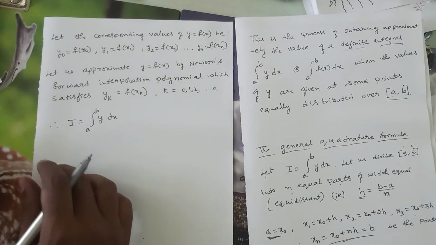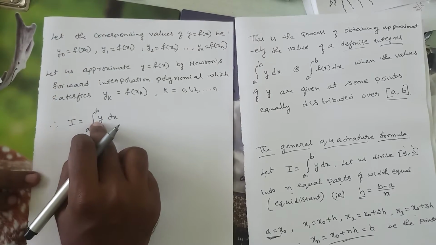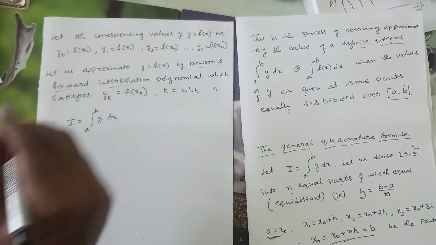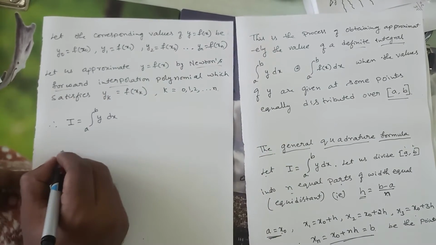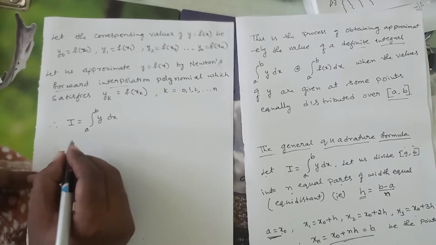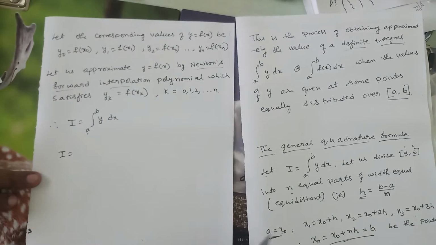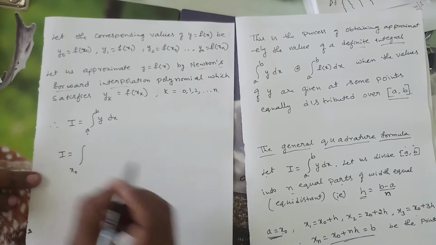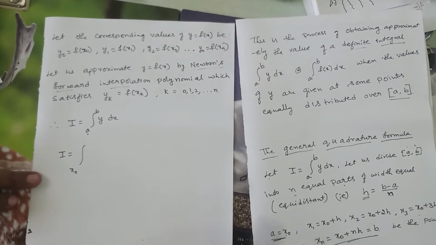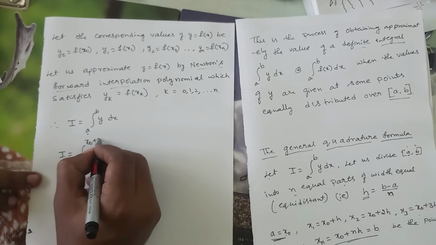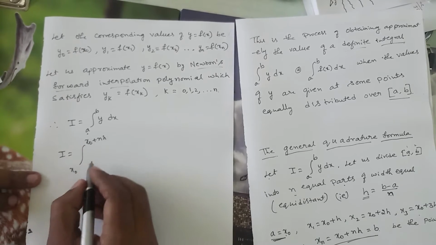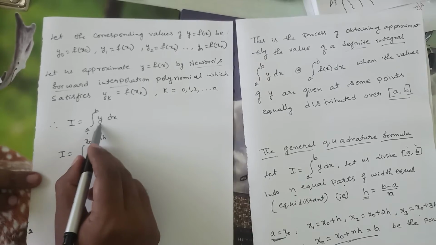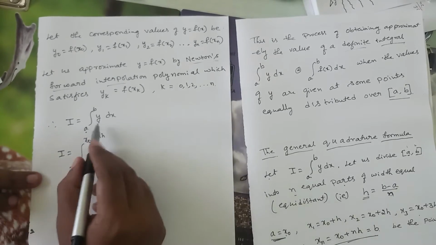Now here I will apply Newton's forward interpolation formula. So I equals integral, with a equals x naught, and b is equal to x naught plus n into h. So y can be written as y is equal to f of x.